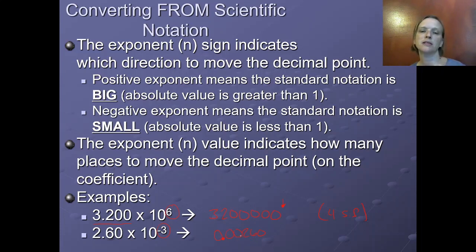So 0.00260 is the correct standard notation for this example. And this answer has 3 significant figures, and we do show 3 significant figures. So that is the correct conversion for that scientific notation example.